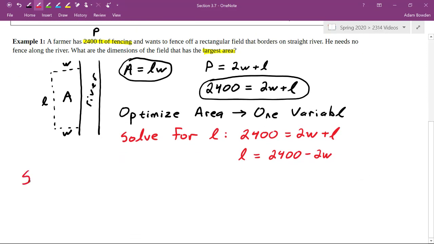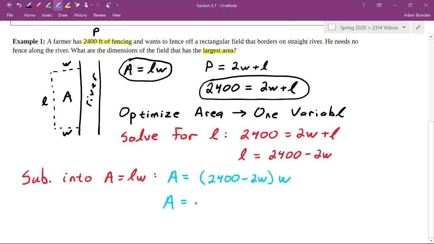Now we're going to substitute that into area equals length times width. So A is equal to 2,400 minus 2W, times W, or simply A is equal to 2,400W minus 2W squared.